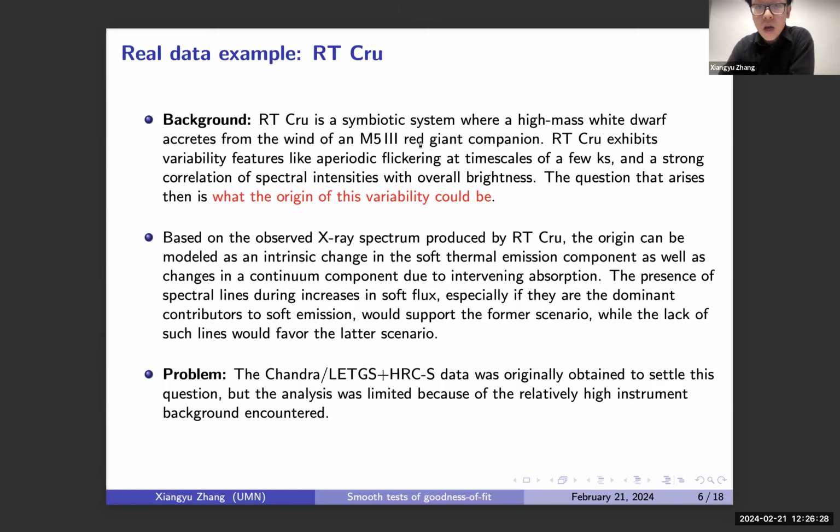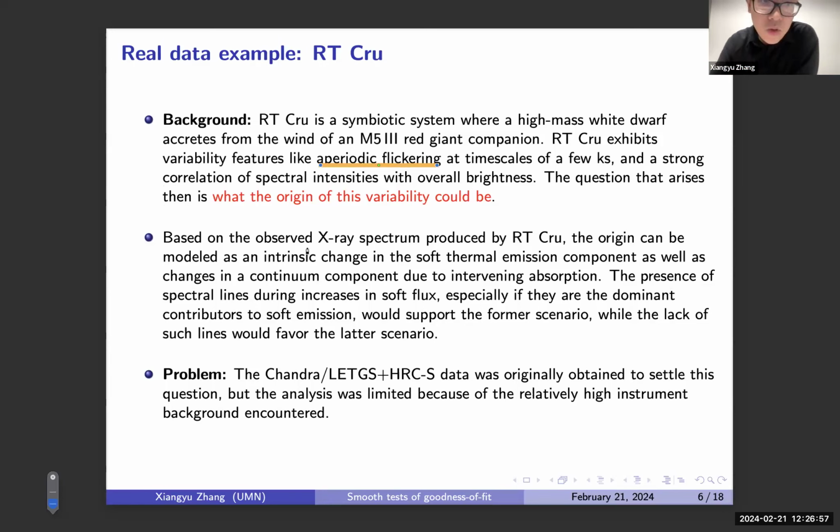This is a symbiotic system: a high-mass white dwarf accretes from a red giant companion. RT Cru exhibits some variability features, like aperiodic flickering and strong correlations of spectral intensity with the overall brightness. Our question is, what could be the origin of these variabilities?